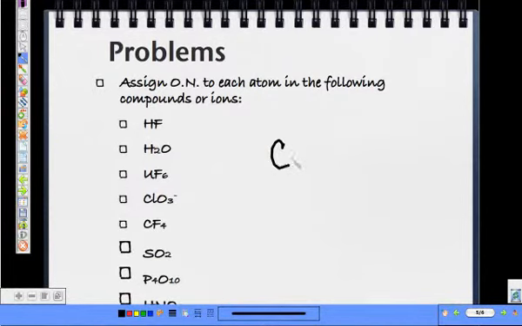ClO3 with a -1. So this one is not neutral. What will we want the bottom to equal? -1. So if you have a polyatomic ion, the sum of all of the oxidation numbers should equal the charge of that polyatomic ion. So which one do we know?